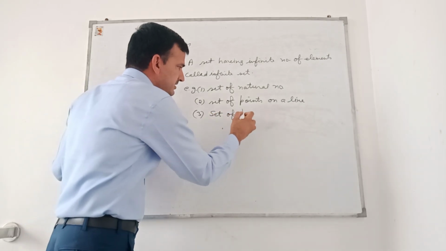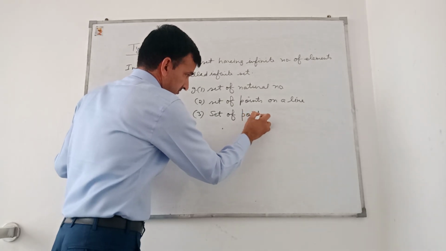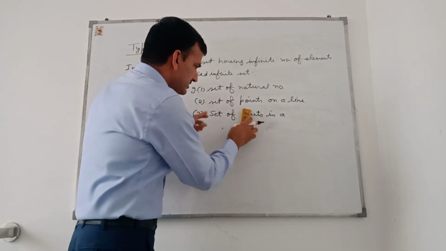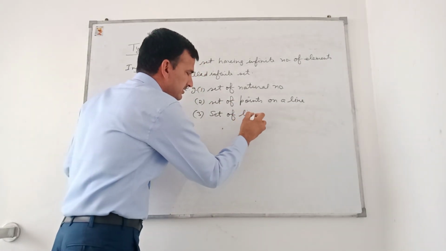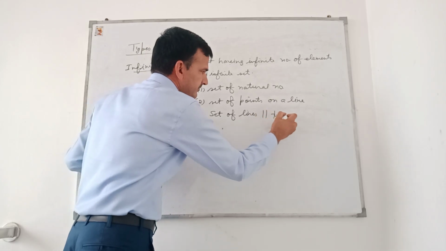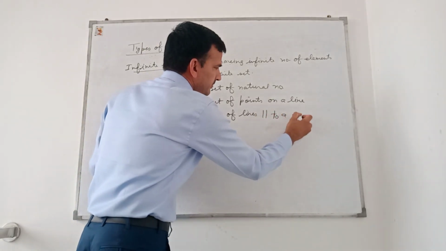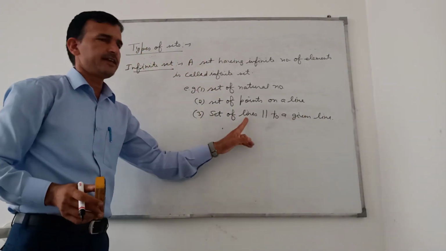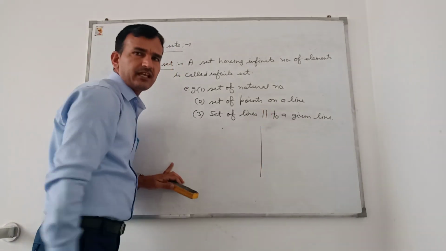Third, set of lines parallel to a given line. बेटा, दिए line आपके पास, this is the line.